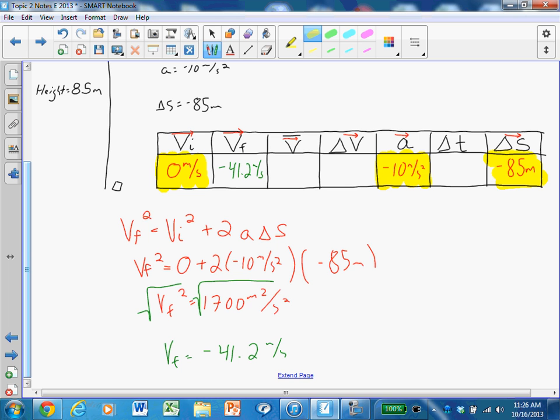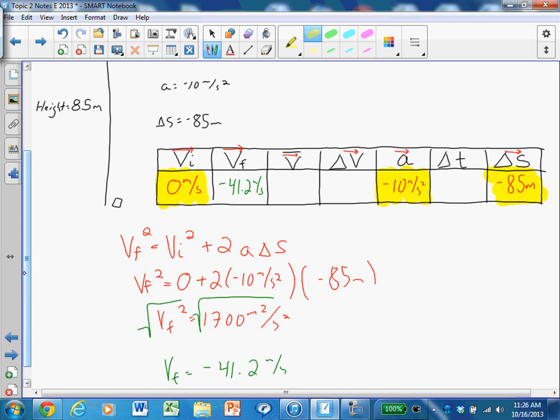So this gives you 1700, then we square root it, we get minus 41. So it's going past 40 meters per second as it goes. Now, we could fill in the rest of the chart. Our average velocity there would be minus 20.6.